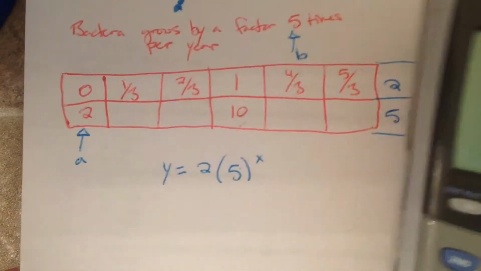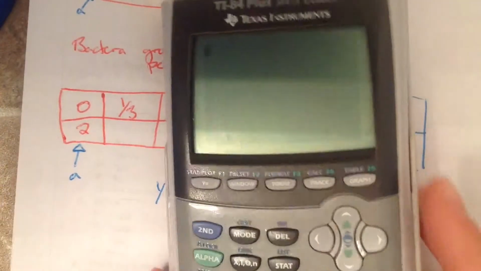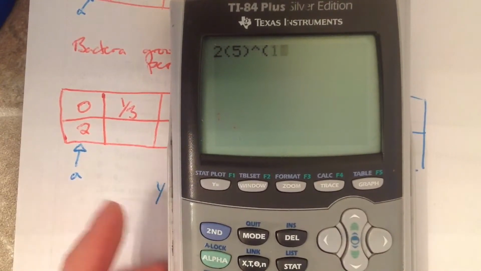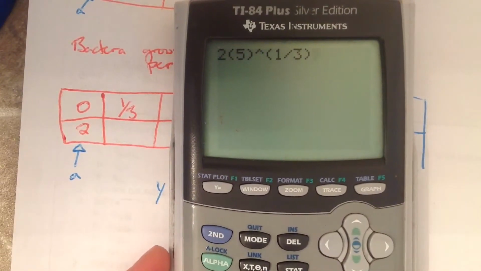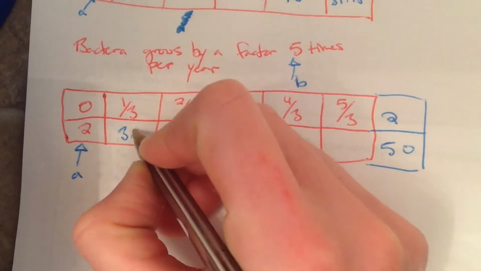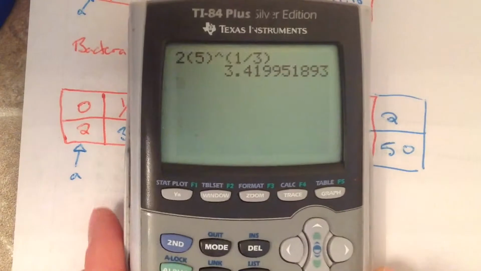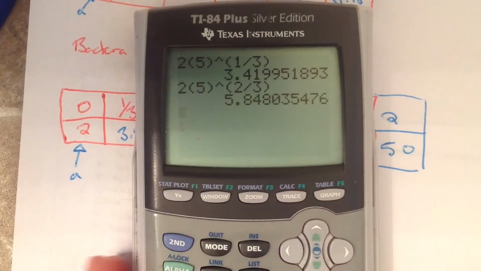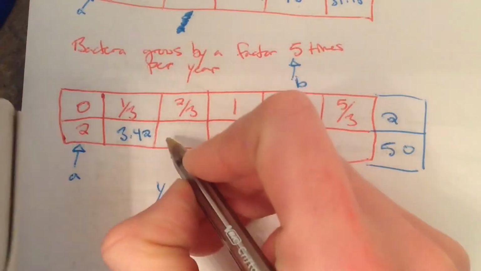To get our middle ones, we're going to put in our calculator again. So 2 times 5 to the, 2 times 5 to the. In this case, we're putting in thirds. So 3.42 is our first one. Put in 2/3. 5.85.